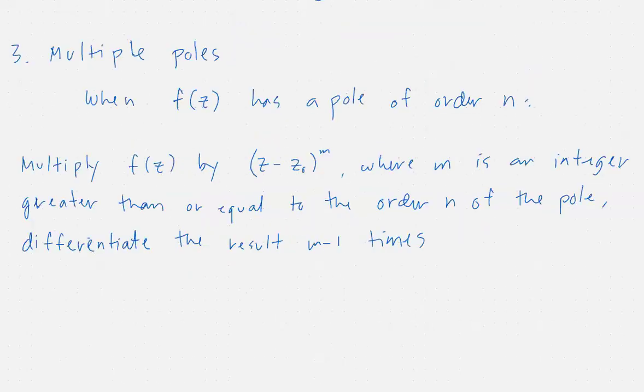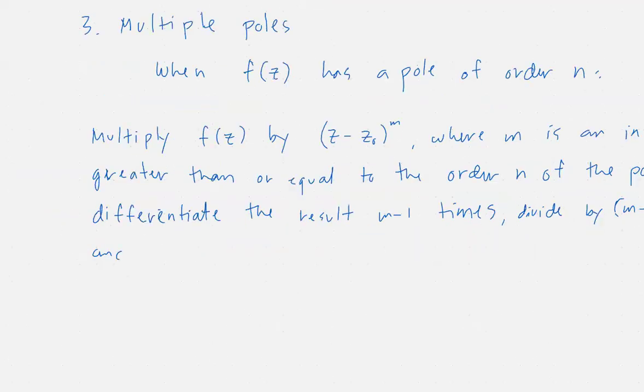So differentiate the result m minus 1 times, divide by m minus 1 factorial, and evaluate the resulting expression at z equals z sub 0.